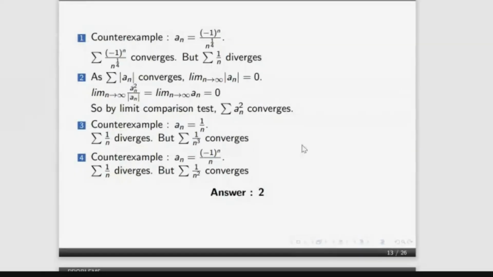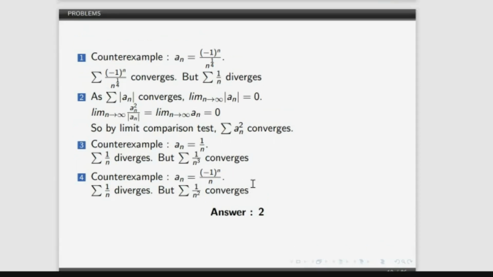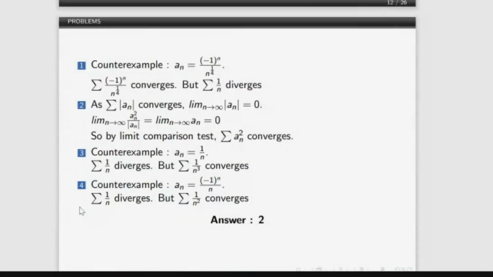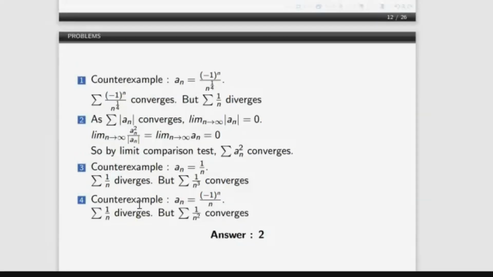Series |a_n|, that is series 1 by n, is divergent in nature, but series 1 by n^2, that is a_n^2, is convergent in nature, which contradicts our option 4. So I get my answer as option 2.